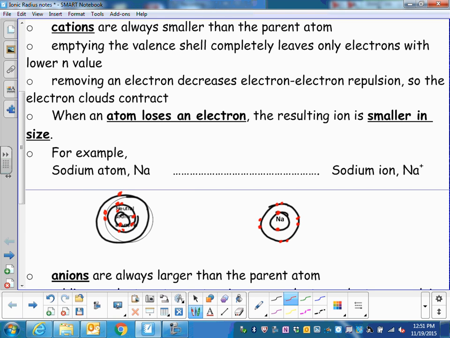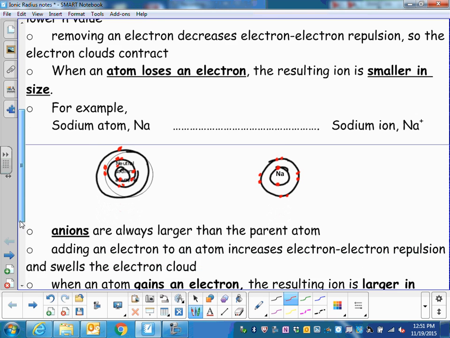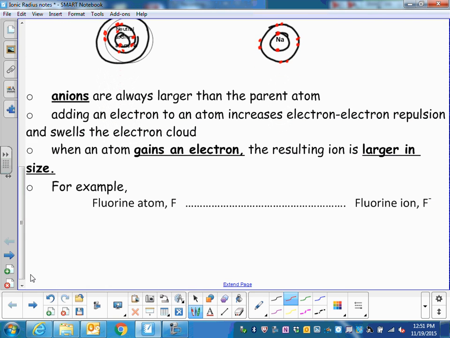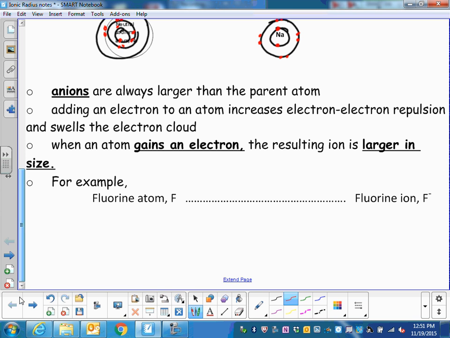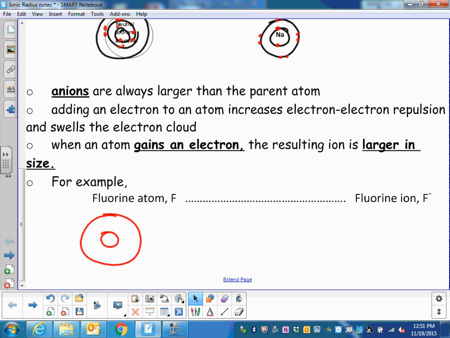Is that right? Anions are always larger than the parent atom. They gain an electron. Let's look at fluorine. Fluorine has how many shells? Only 2. Is that right? And it has a total of 9 electrons, which means it has 7 valence electrons.